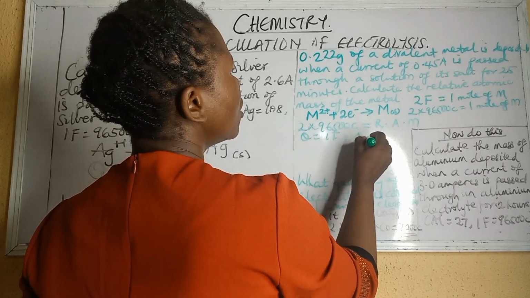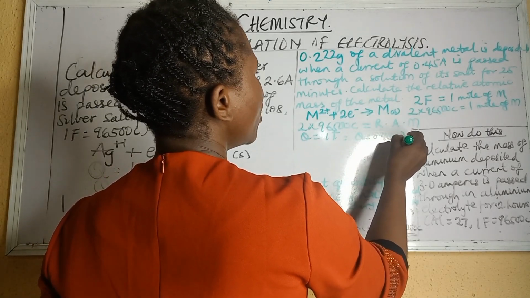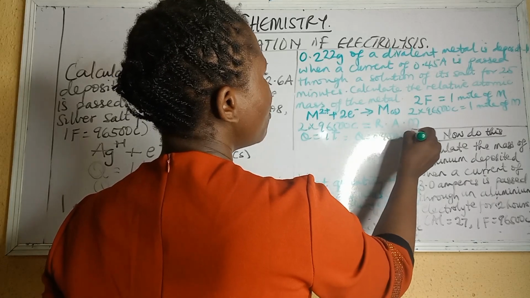Q is 0.45 amperes multiplied by 25 minutes, which is 25 multiplied by 60.